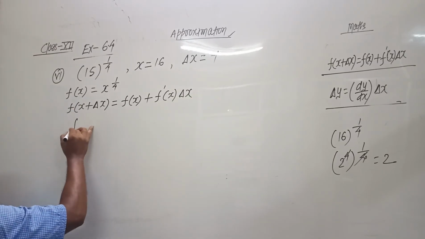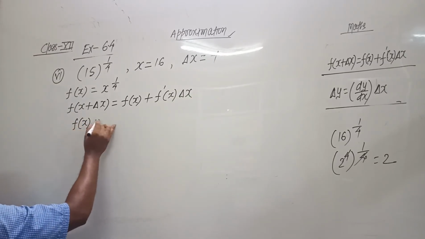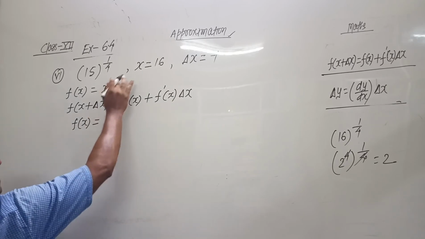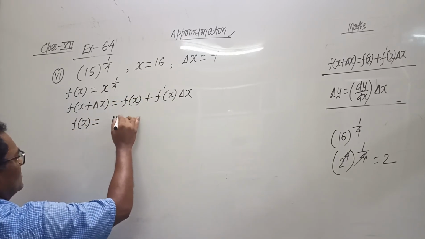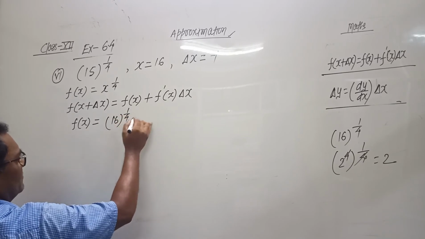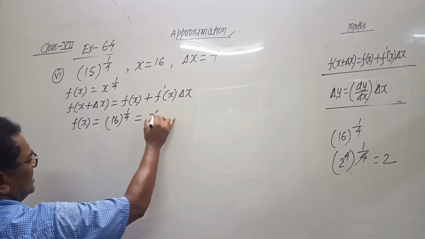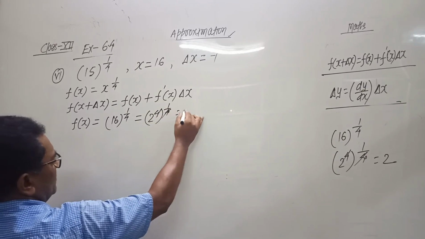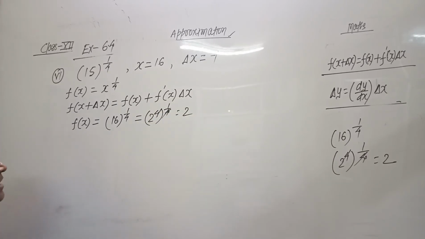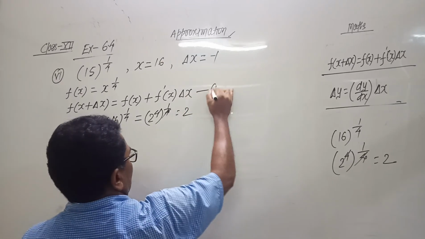Now we calculate the value of f of x, which is x raised to the power 1 by 4, and the value of x is 16. So 16 raised to the power 1 by 4, and 16 is written as 2 raised to the power 4, whole raised to the power 1 by 4. We get 2. And name it first equation.